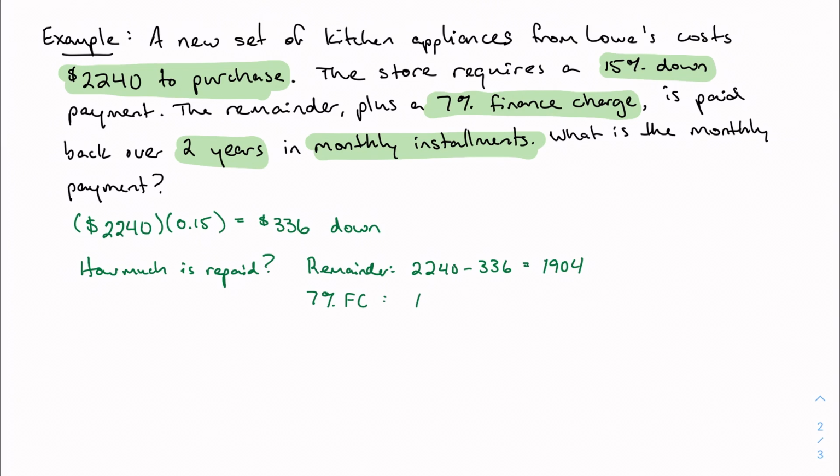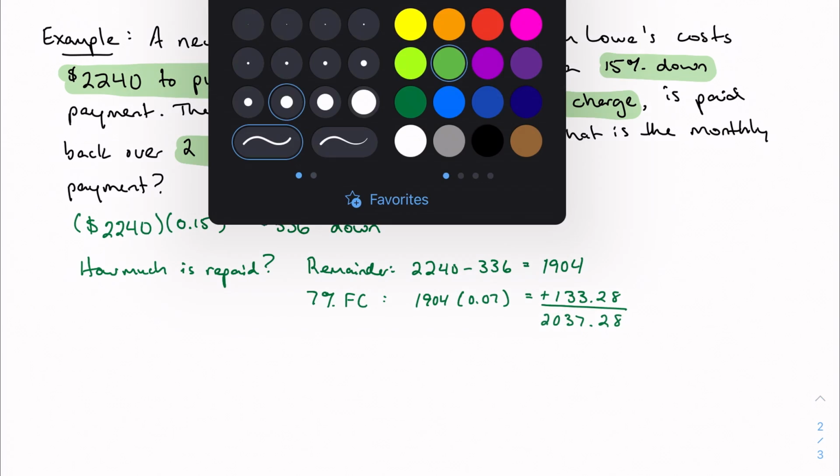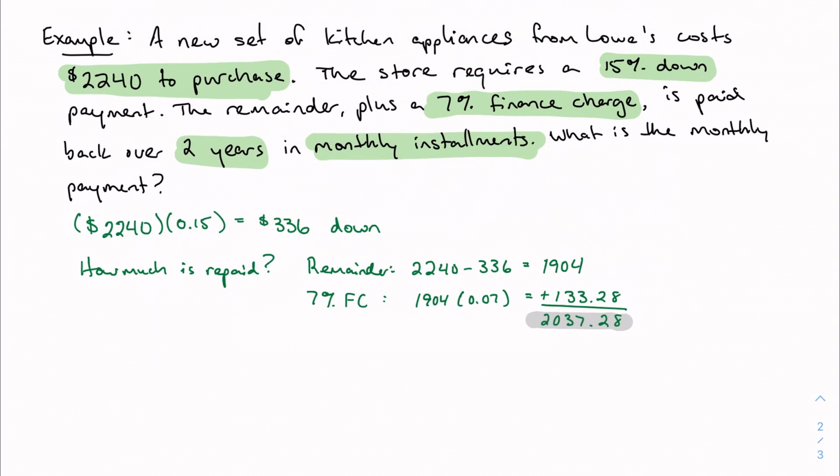So it's 1904 times 0.07. So that'd be 133.28. And we can add those together, right? And I get 2,037.28. So this, let me pick a different color here, this is what I'm actually paying back.